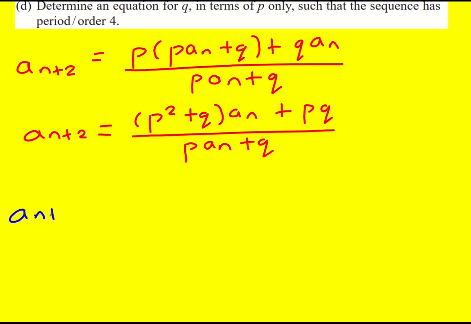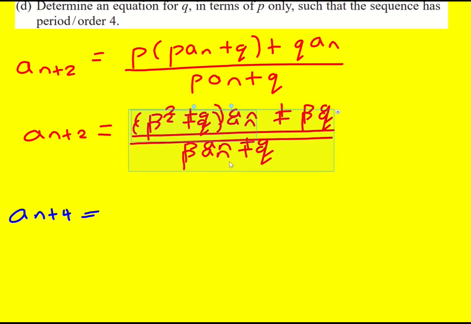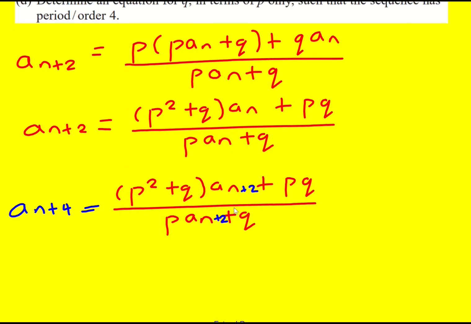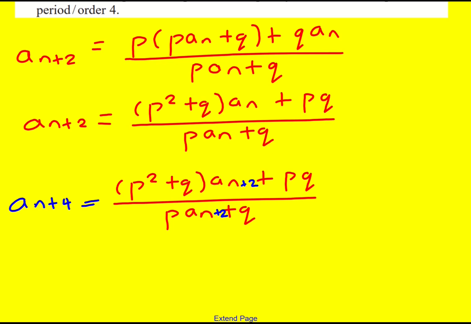So a_(n+4) is going to be this exact same thing again, but I just replace all the n's by n plus 2's. And now I'm going to substitute into this thing here.